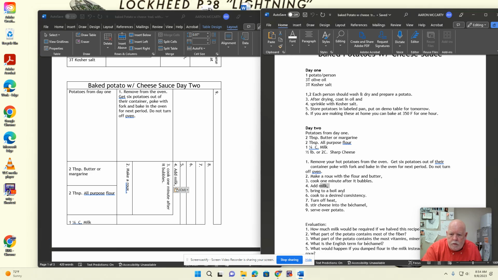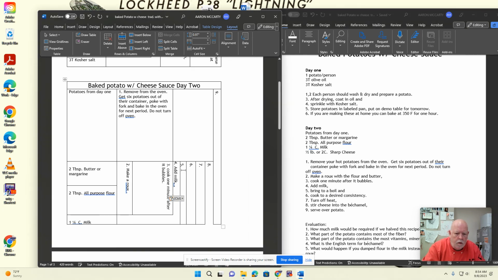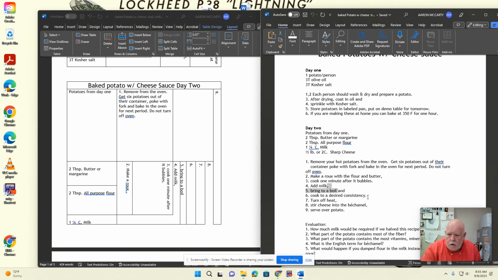Step 5, bring to a boil. Step 6, cook to desired consistency.